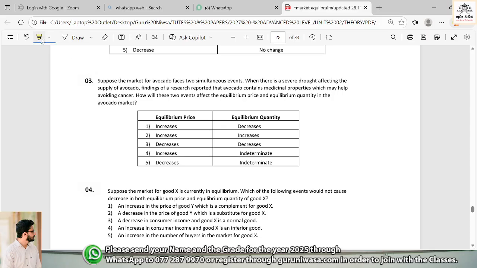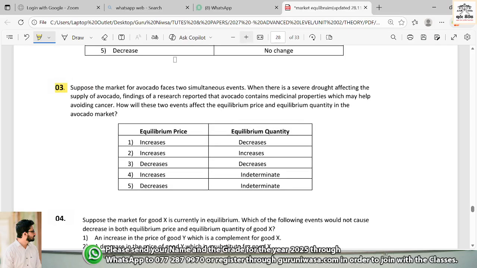Can you see the screen? I'm sharing. Okay. Read the question. Suppose the market for avocado faces two simultaneous events. Not only one, two simultaneous events. What are the events? There is a severe drought affecting supply of avocado.